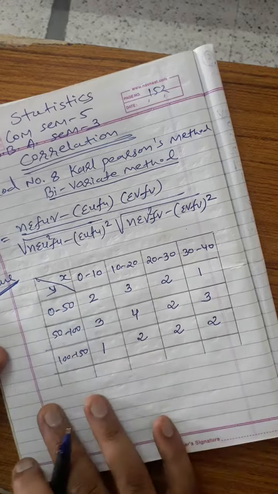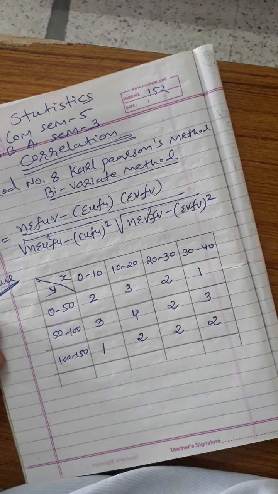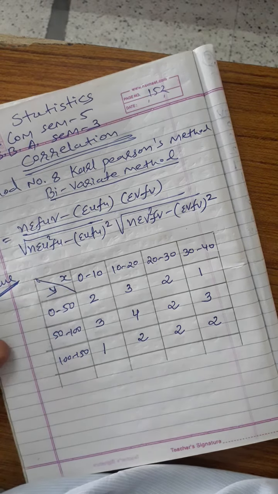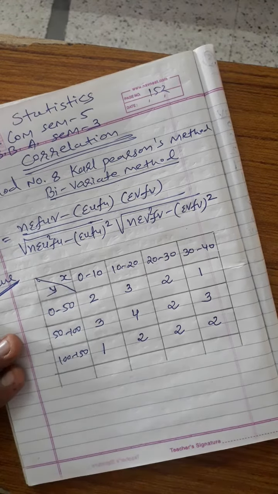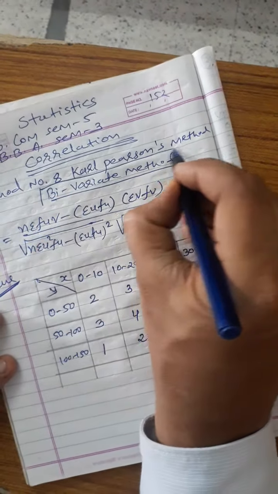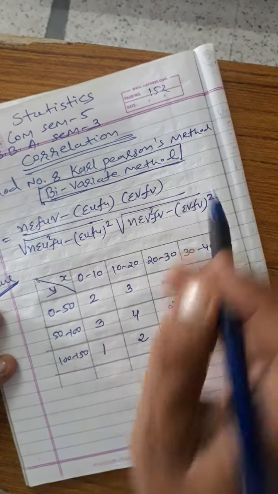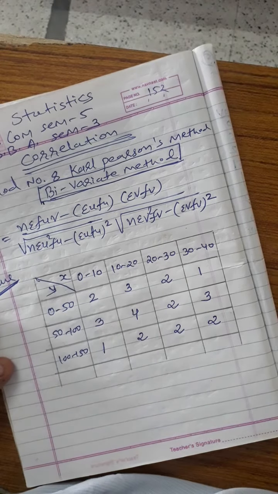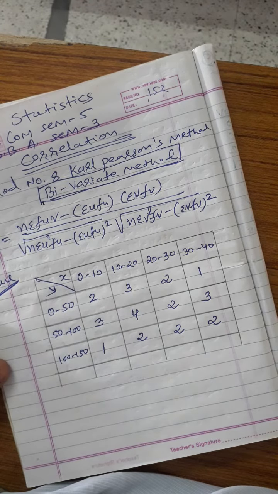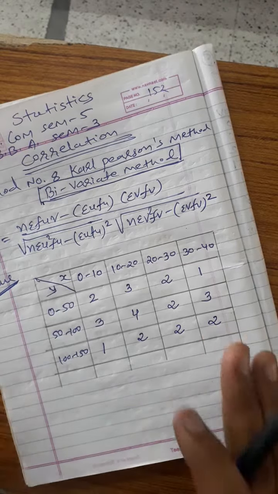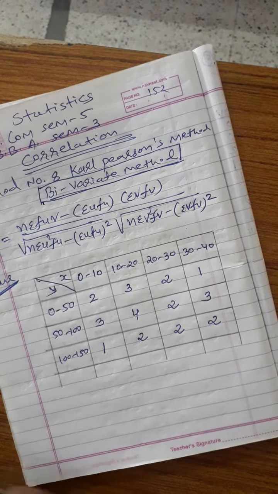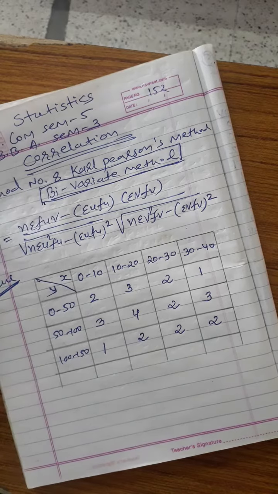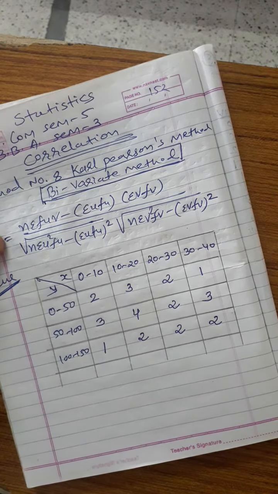When such a question is given in the paper, you can easily understand it is related to the bivariate method, because the information x and y is given in a dual table format. So first decide that this question is the bivariate method, and remember the formula.